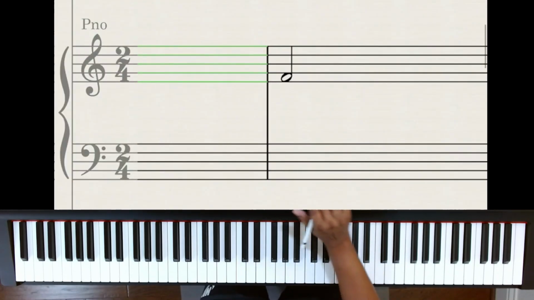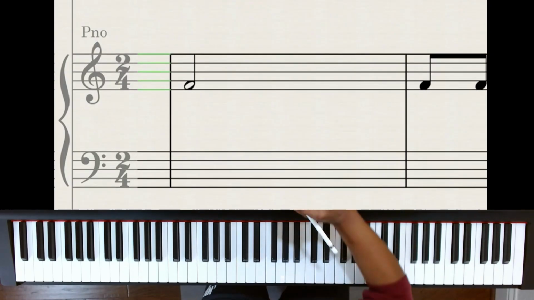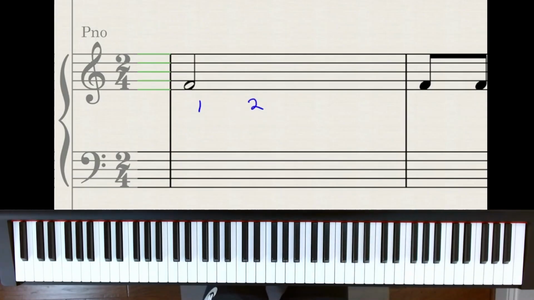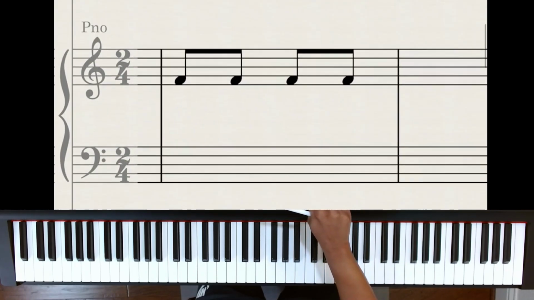Our second example is we just have 1 half note, and we said a half note equals 2 counts. So you're just going to play and hold that for 2 counts. 1, 2. And once we get to eighth notes, it's pretty simple.